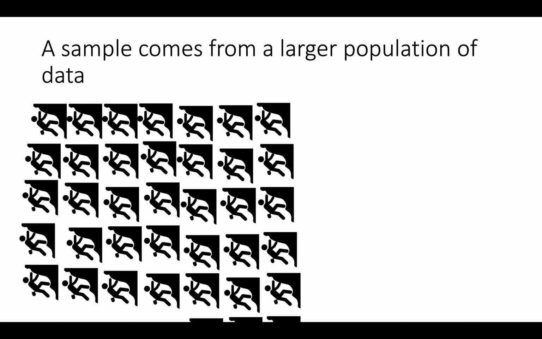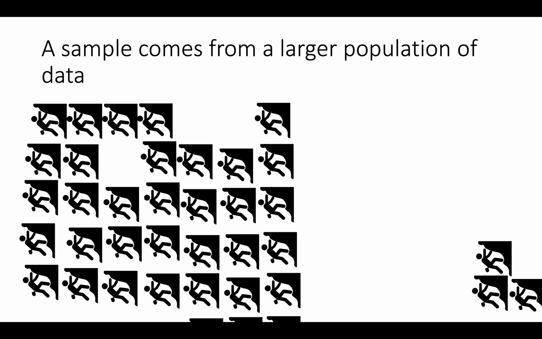Now, a sample, what you see there, is just a subset of these individuals. So, let's say I was interested in all mountain climbers in Denver's fear response. This is my population. However, it's impossible for me to interview all these folks. So I have to interview a subset. That's the sample I just took. From the sample, we will infer conclusions about the population.